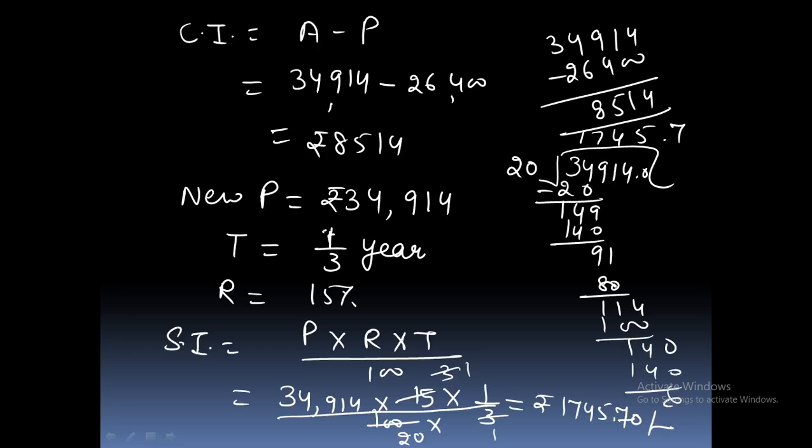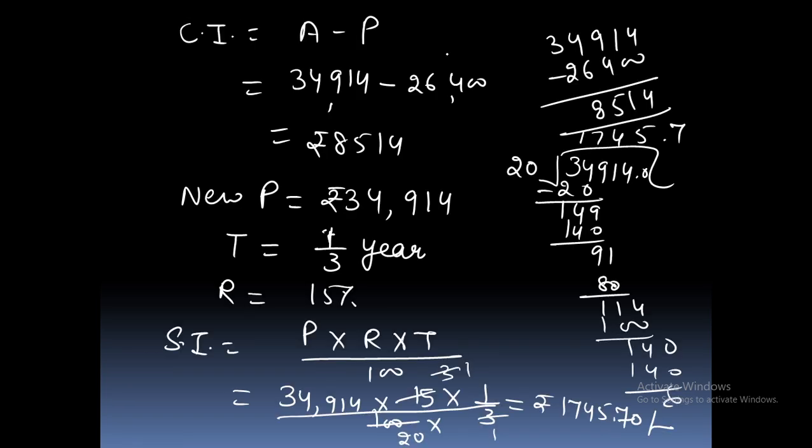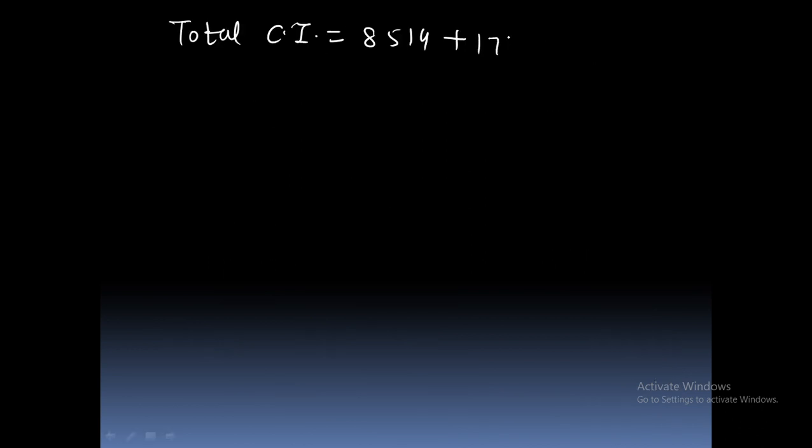Now you can calculate the total compound interest. Total compound interest will be 8,514 plus 1,745.70.